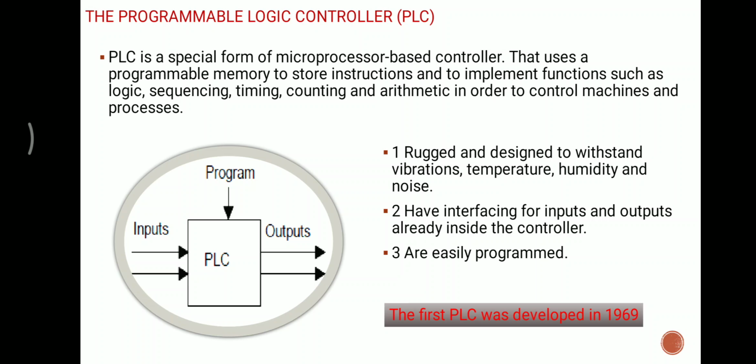The PLC will take that input data and feed it into the program, which is already stored in the PLC, and will go for operations, as I told you, logic operation, sequence operation, timing or counting operation, and will go for processing on that, and you will get the desired output out of that PLC. So this is exactly what happens in the PLC.